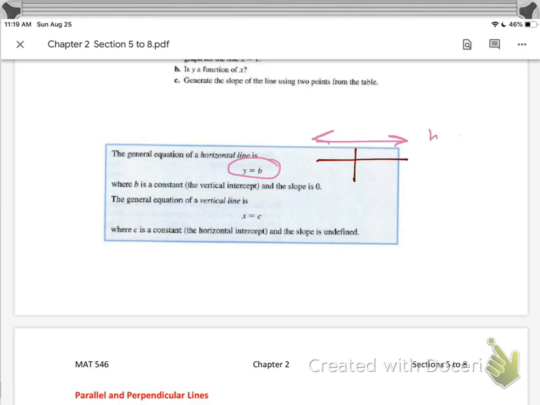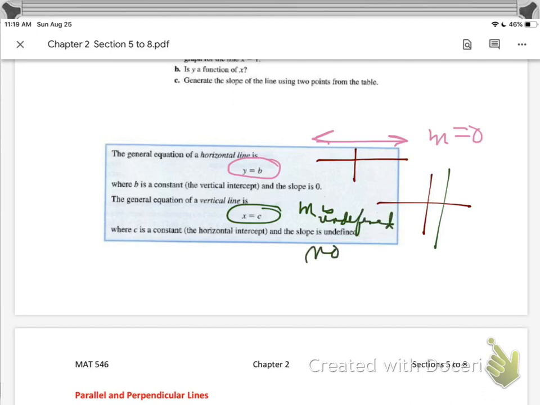Your slope is 0. Vertical line, this is your grid. Your vertical line would be here. It's an x equals line, and your slope is undefined. And there's no b.